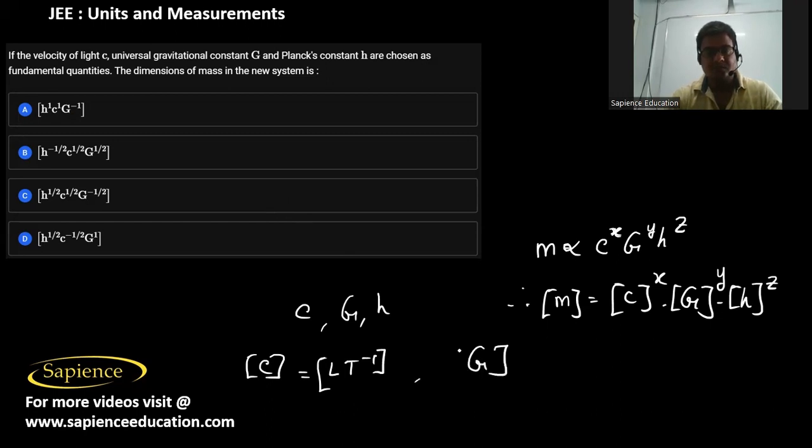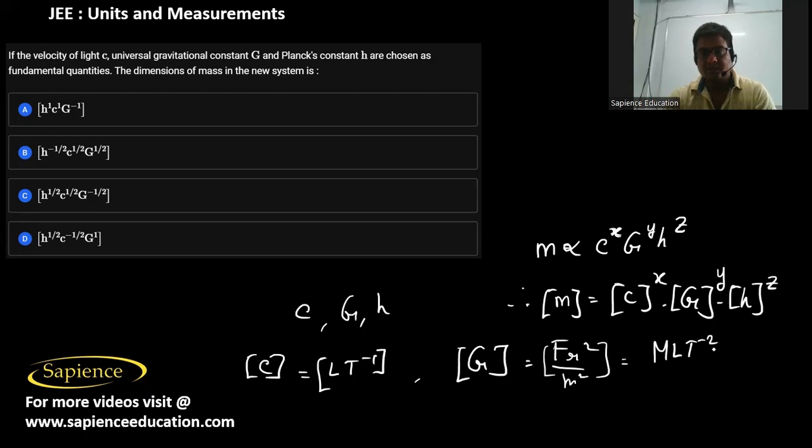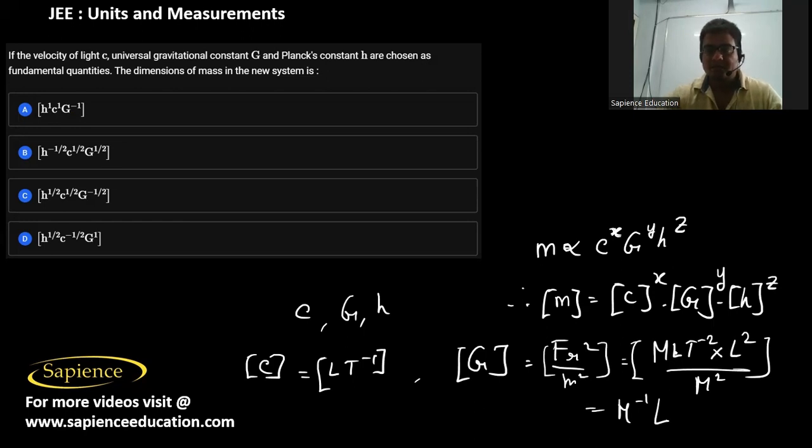The dimensional formula for capital G is F R square by M square, so that will be equal to force, MLT power minus 2, into L square divided by M square. So therefore that will be equal to M power minus 1 L cube T power minus 2.